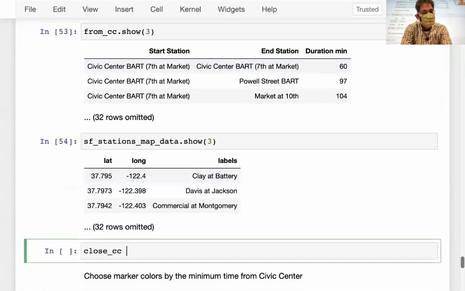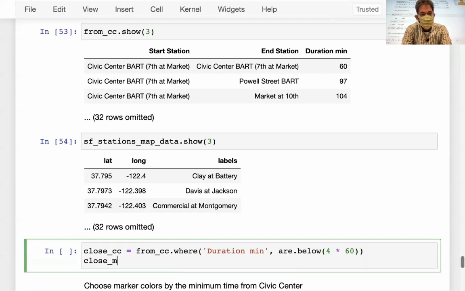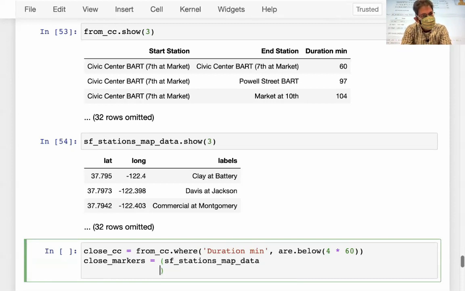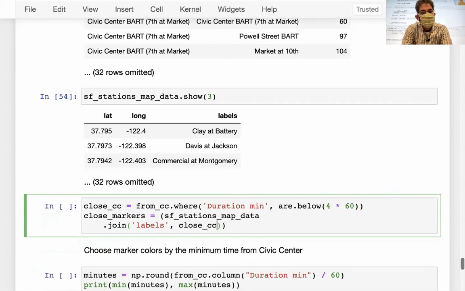First, I get the places that are close enough. 4 minutes is 4 times 60 seconds. Then I take my map data and I join it on the labels, which describe what the stations are called, with the list of stations that are close to Civic Center.